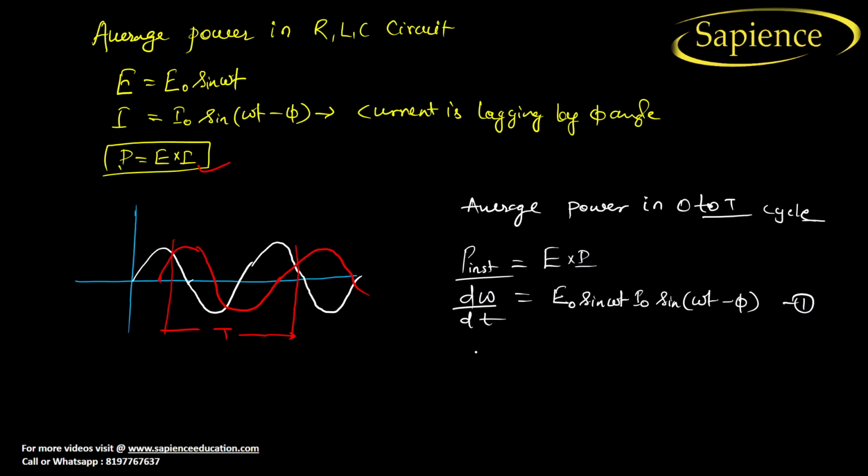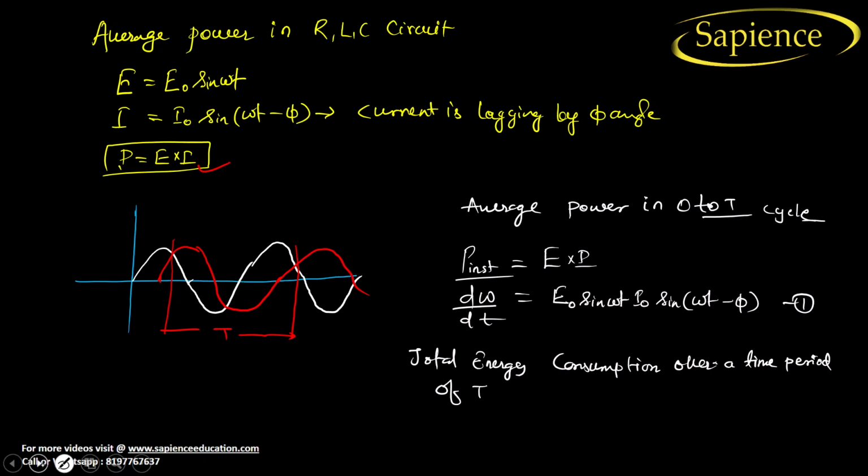Work done W can be considered as the total energy consumption over a time period T. So it can be written as dW equals E naught sine omega t into I naught sine omega t minus phi into dt.